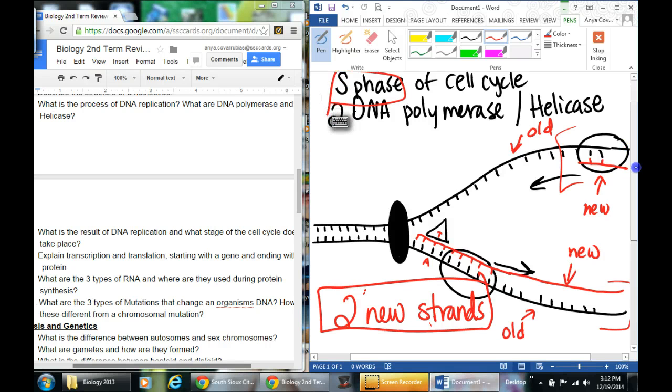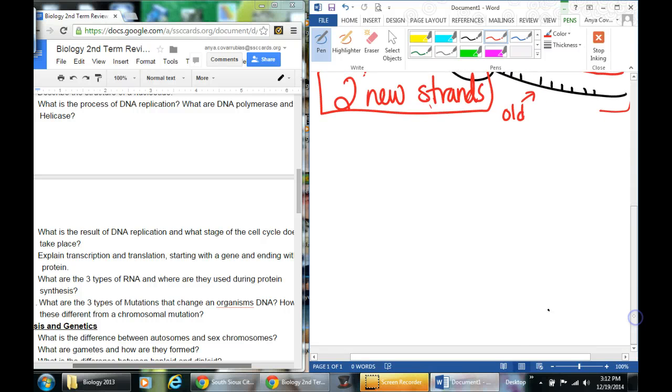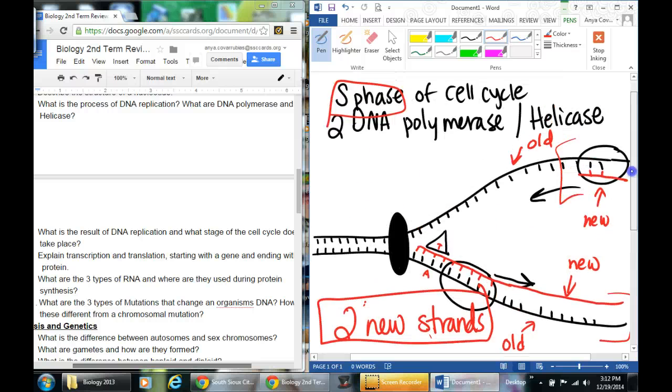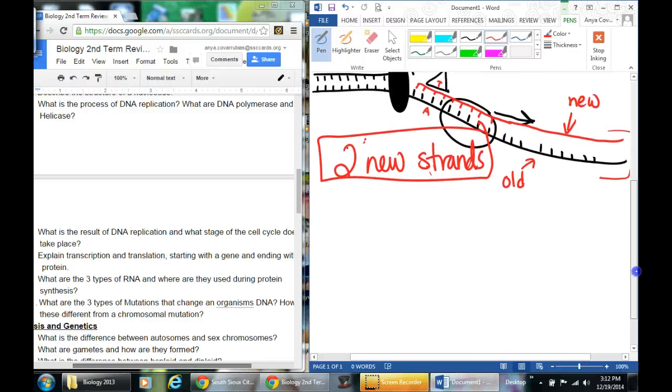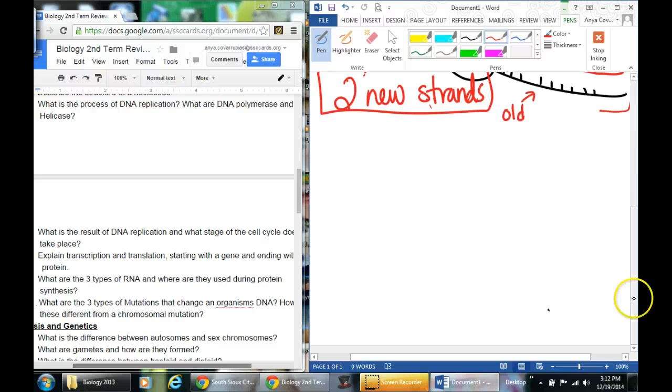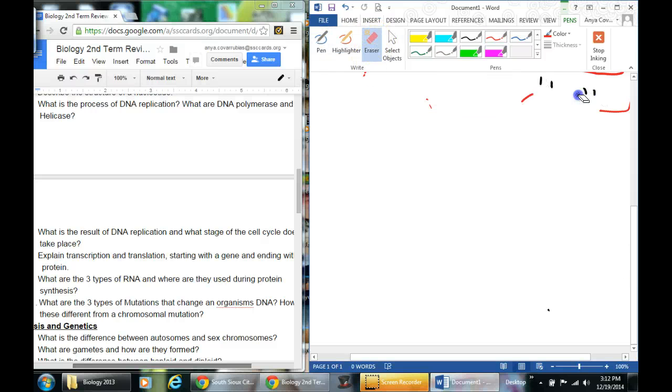Okay, now so transcription translation. So this is what's happening the rest of the time. Okay, so this is what happens in the S phase; during G1, what is happening is the regular processes of the cell, which is to produce proteins. Okay, so we're inside the cell, inside the nucleus. The DNA is just strung out.